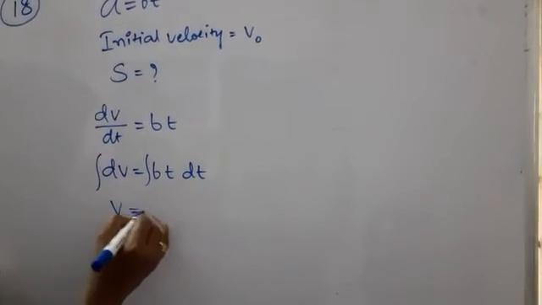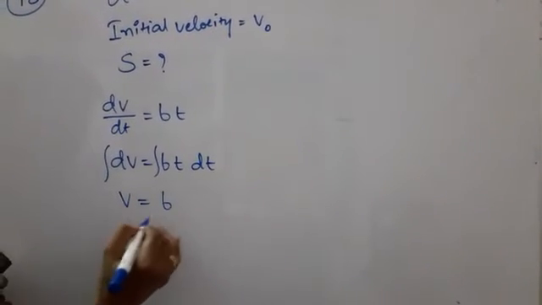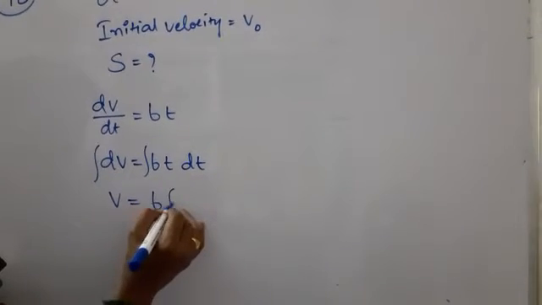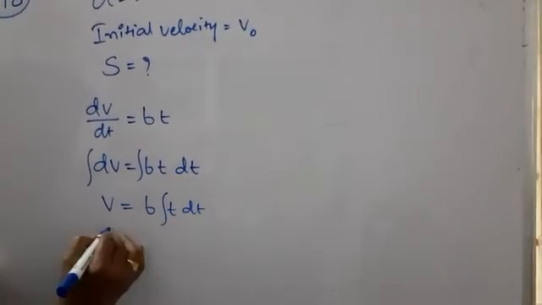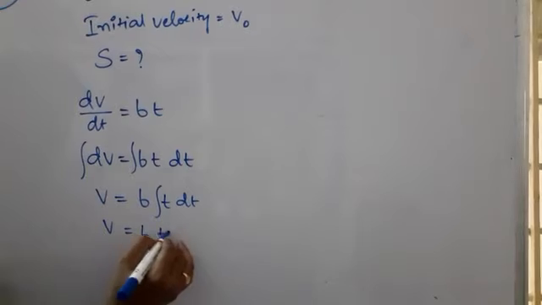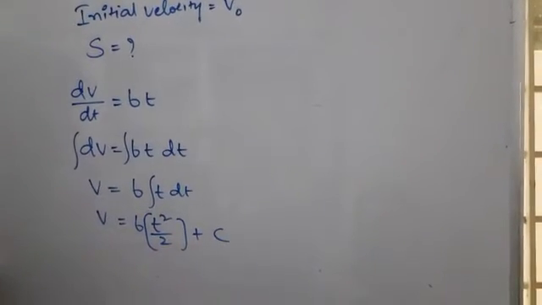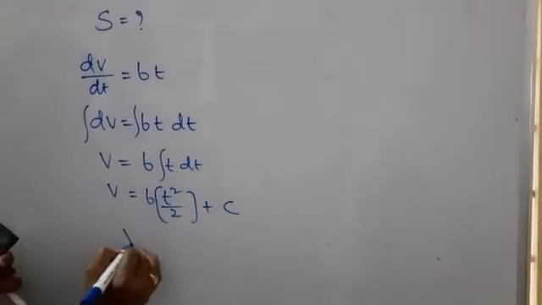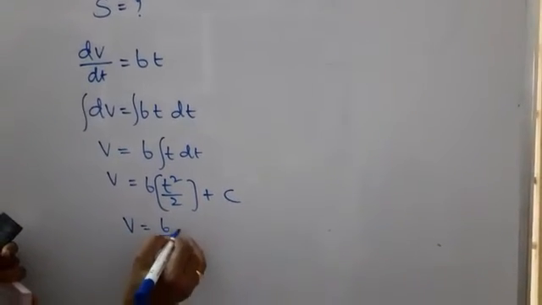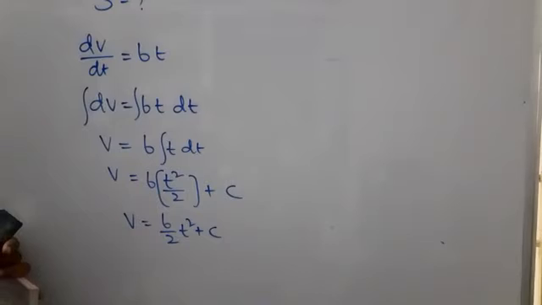Therefore v is equal to b into the integral of t dt, so v equals b into t square by 2 plus c, the integration constant. Therefore v is equal to b by 2 into t square plus c.